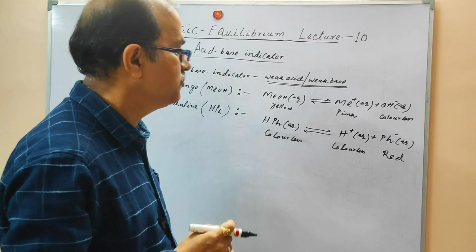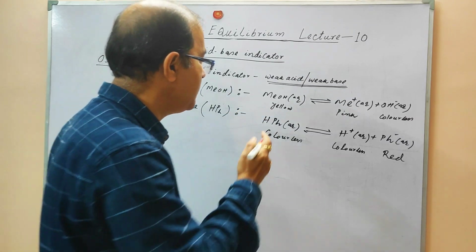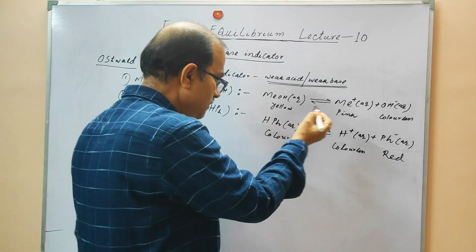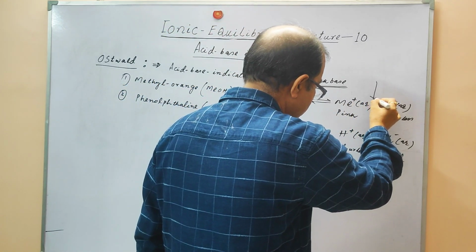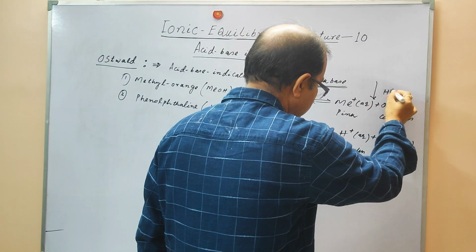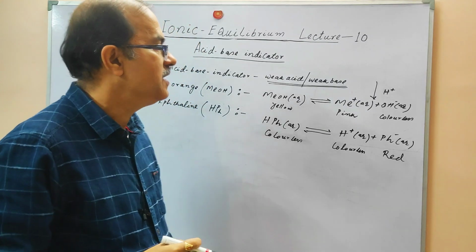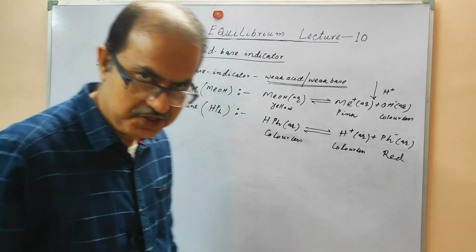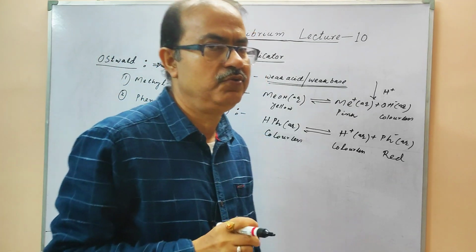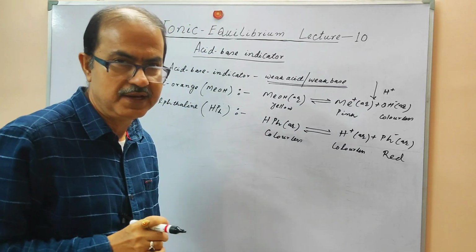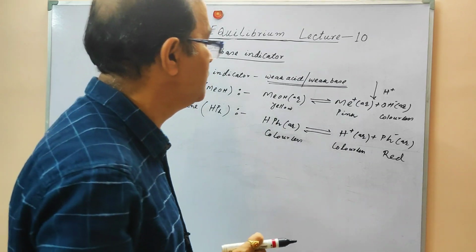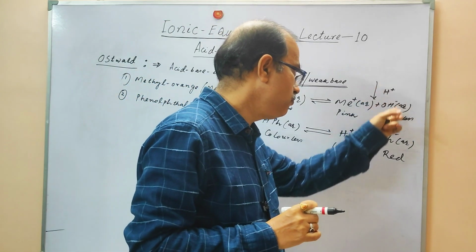For methyl orange, if we put some acid, meaning we are giving H plus ion, then as per Le Chatelier's principle, which we have already discussed in our chemical equilibrium lectures, what is going to happen when you put H plus ion?